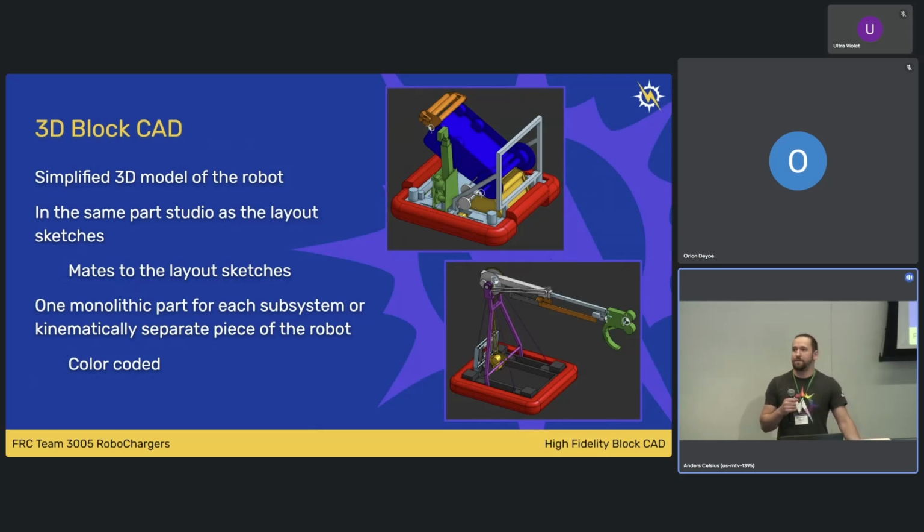We're not defining that critical geometry in the block CAD. And the big thing too is that each subsystem or kinematically separate piece is its own part. It's just a lump. We'll talk about the reasons why later in the presentation. And then we're just color coding everything, a really nice way to visually tell the difference between different subsystems and things like that.